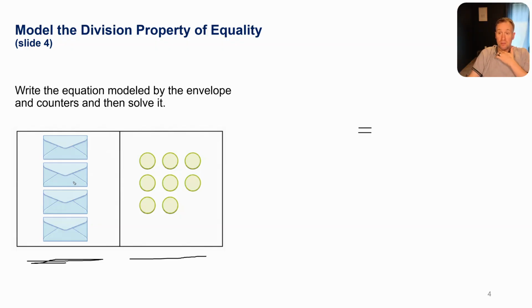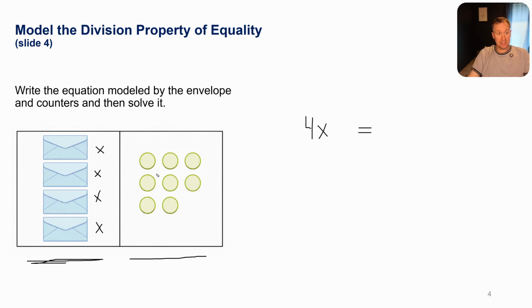The envelopes really are unknowns. Each envelope we could label with a variable, so I'll label it with an x. There are basically 4 x's, which if you added them together would be equal to 4x.